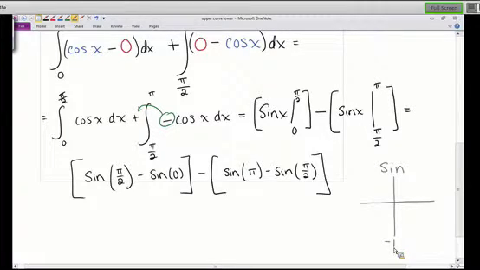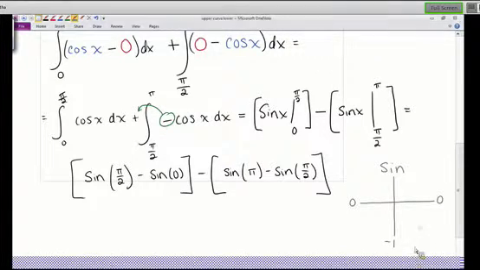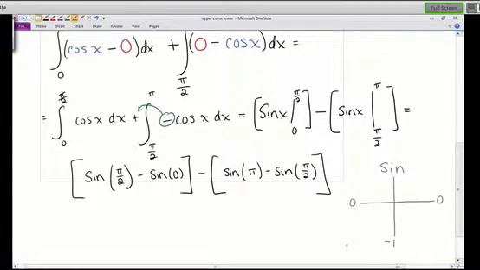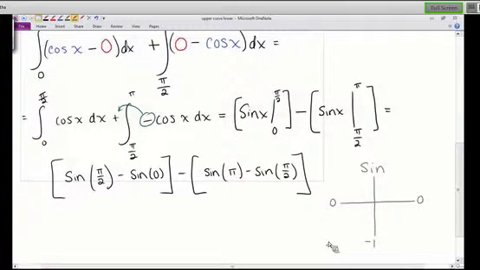Now on the other side of your y-axis you'll have -1, and on either side of the x-axis you'll be at 0. Okay? Now, based off of our quadrants, this is going to be 90 degrees, pi over 2, 180, which is pi, 3 pi over 2, 270, and then lastly 2 pi.